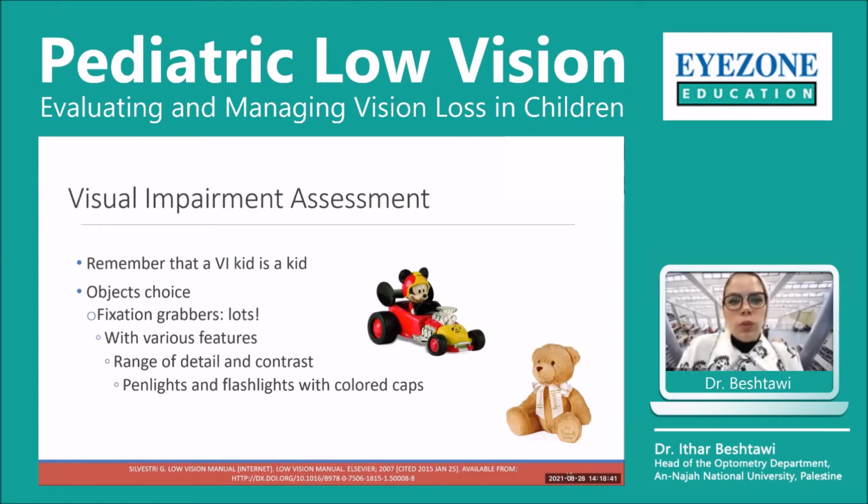You can use animal and character figures, or pen lights and flashlights with colored caps, maybe some toys that make noise, others which move or sparkle, and touchable ones can be used as well. And remember that the child may feel more comfortable with his mom than with you, so you may use her in your assessment.